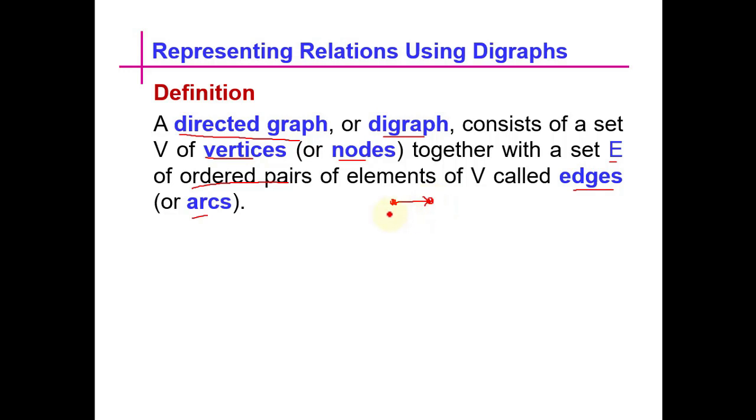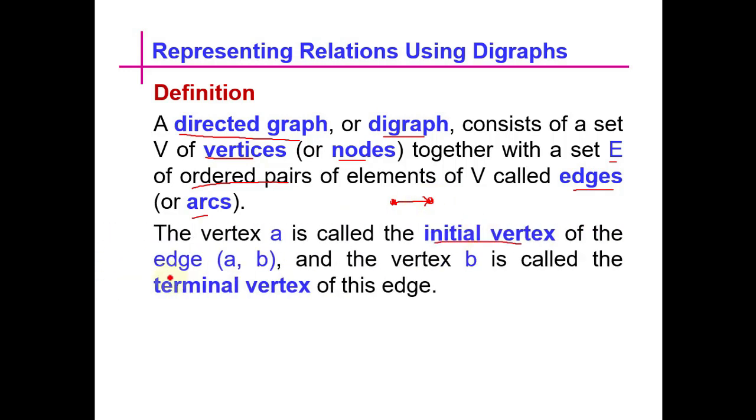So this will be a simple digraph here, and the vertex A is called the initial vertex of the edge AB, and the vertex B is called the terminal vertex of this edge.